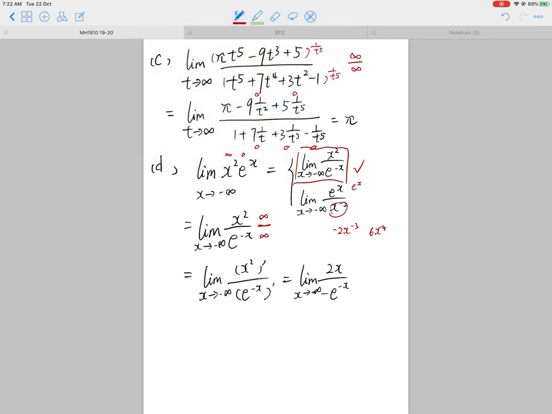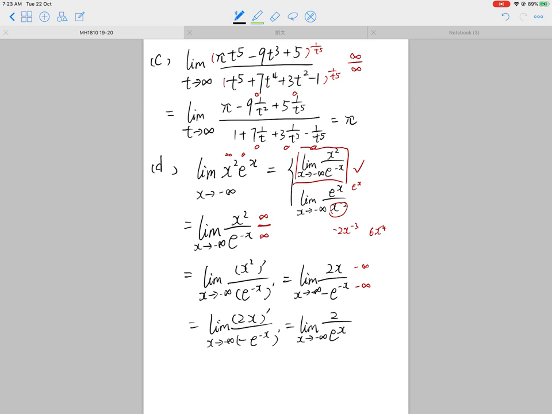Right, now the top is approaching negative infinity, right? The bottom is approaching the same, negative infinity. So we can use L'Hopital's rule again. Okay, so it's 2 over e to the power of x.